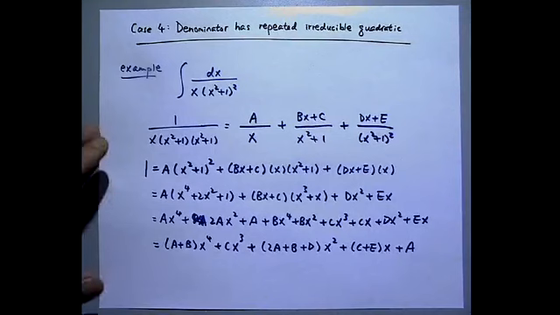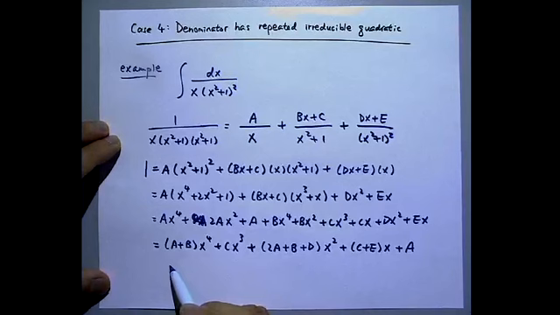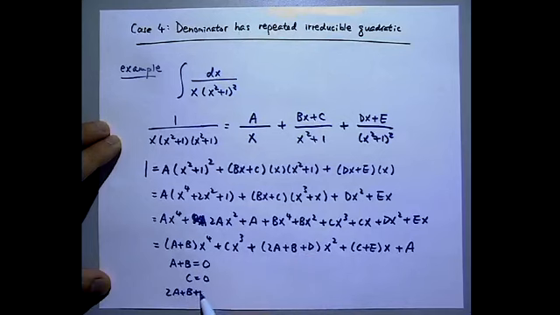It looks pretty bad, but actually we know quite a bit already. We know A plus B is 0. We know C is 0. We know this is 0. We know C plus E is 0.